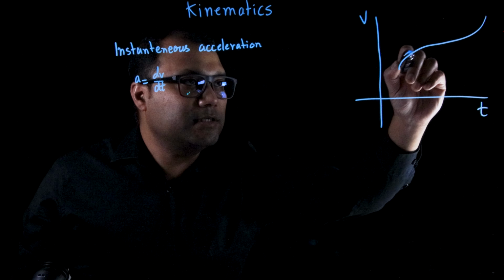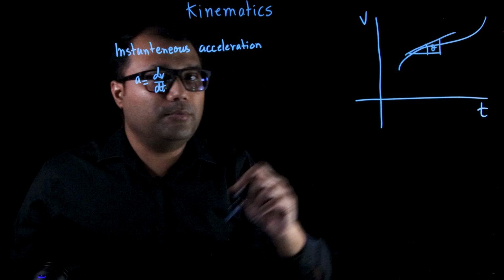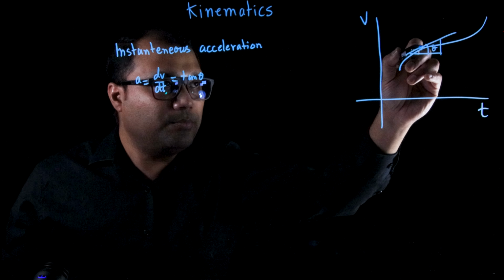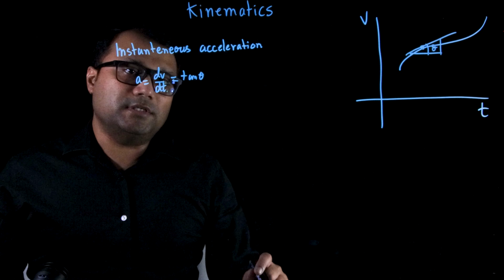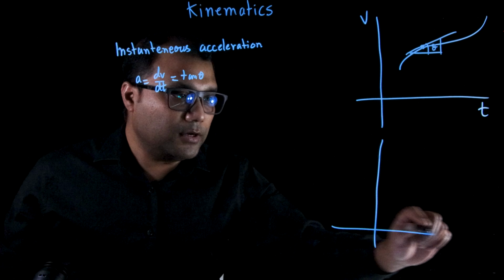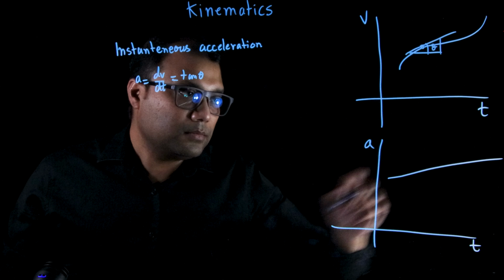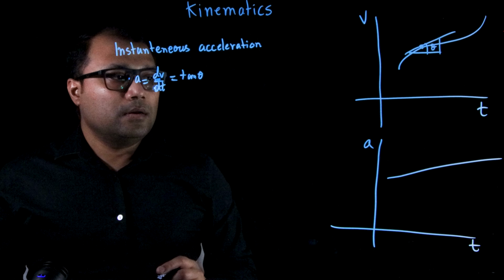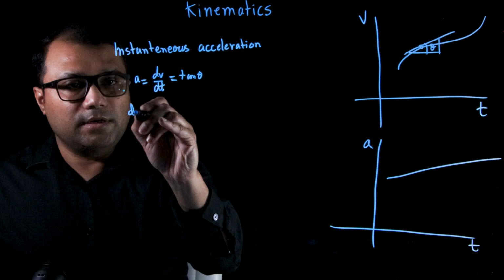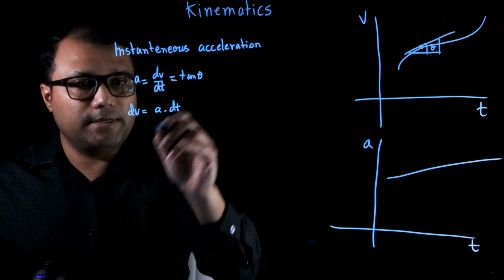So if you take a tangent anywhere, let's say at this point, the slope of the curve at that point, tan theta, is the acceleration at that point of the velocity time graph. Okay. Now if we draw acceleration time graph, then let's do this. dv is equal to acceleration times dt.